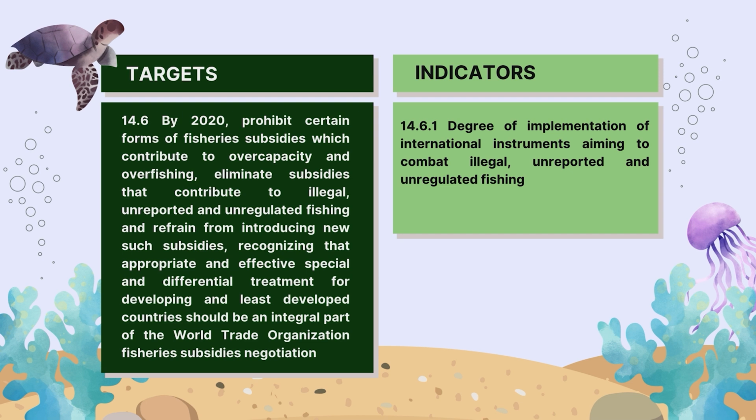Such subsidies that contribute to overcapacity and overfishing need to be eliminated, because that brings illegal fishing, and so we need to check those subsidies again to maintain the maximum sustainable yield of that particular population.